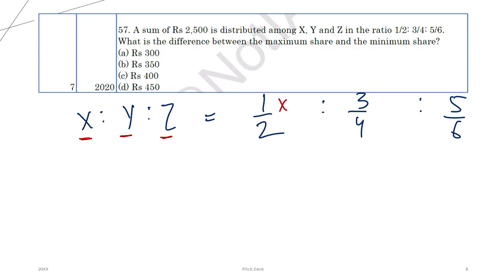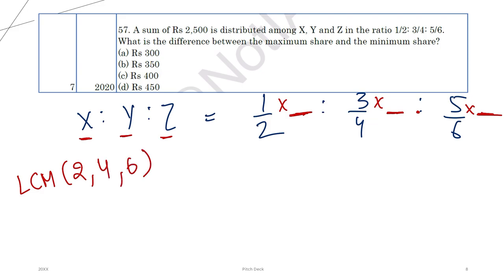So I have to multiply each of these by some quantity so that the ratio stays the same. That quantity will be the LCM of the denominators, that is 2, 4 and 6.